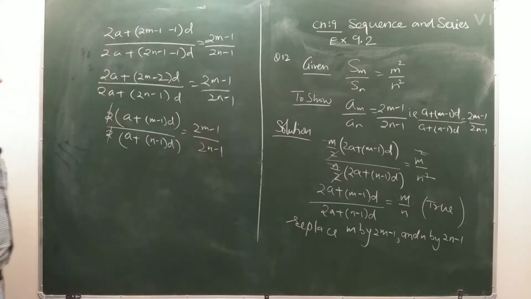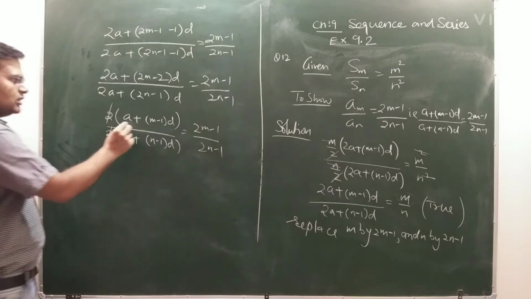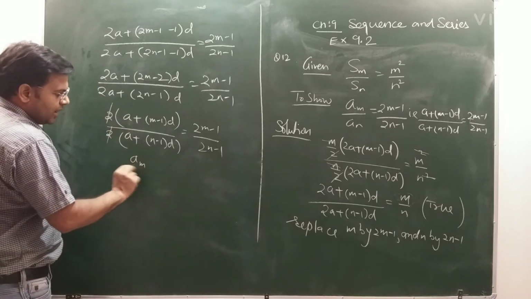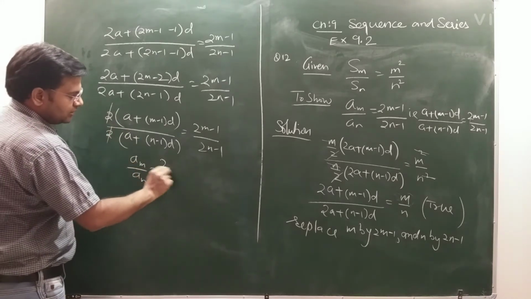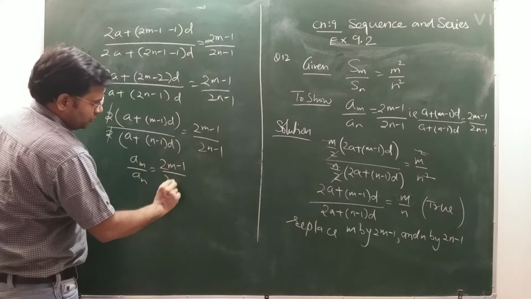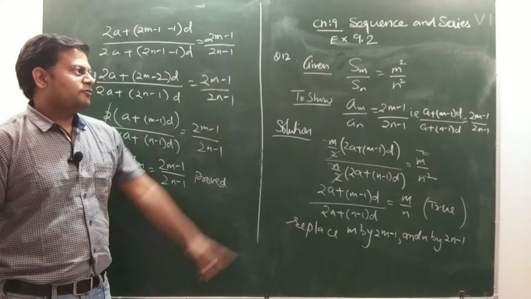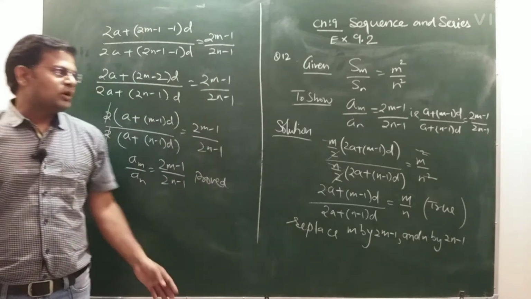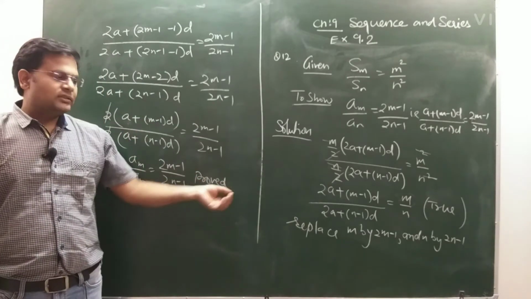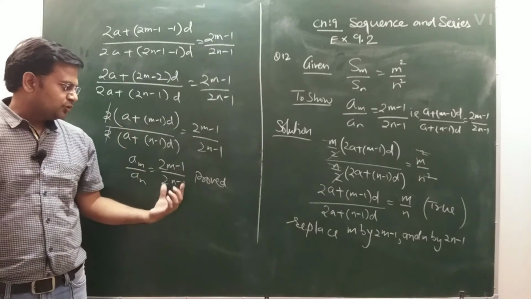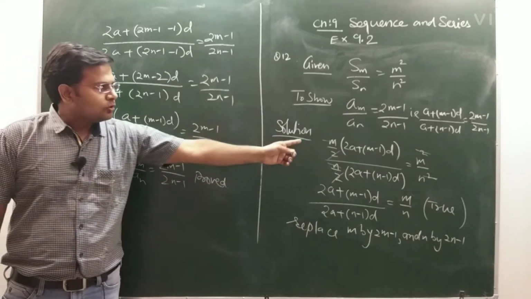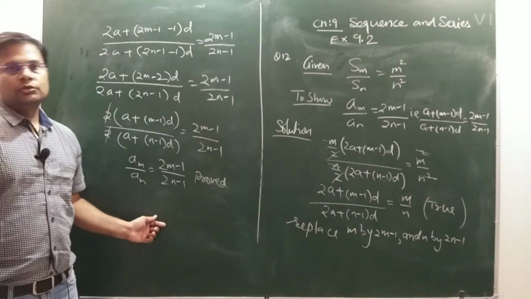So the 2 will get cancelled. Now this is your am, and this is your an, and this is equal to 2m minus 1 upon 2n minus 1, and you have proved. So you have to see what the question is basically requiring, and this is the shortest method through which you can show what you are being asked to show.